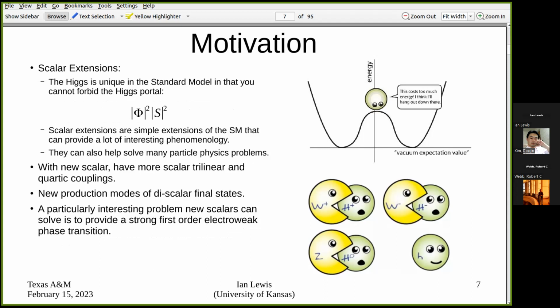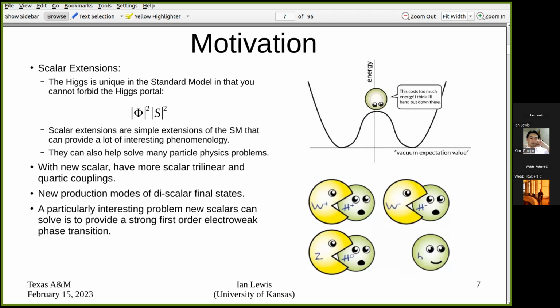You can put whatever symmetry you want on the Higgs, you can put whatever symmetry you want on this new scalar, and this thing is gauge invariant and invariant under your symmetries. This isn't true of fermions, and so scalar extensions are simple extensions that can provide a lot of interesting phenomenology, and they're pretty generic. In a lot of BSM, you get new scalars, and then this is there, and it's really hard to get away from it. They can also help solve many problems in particle physics.